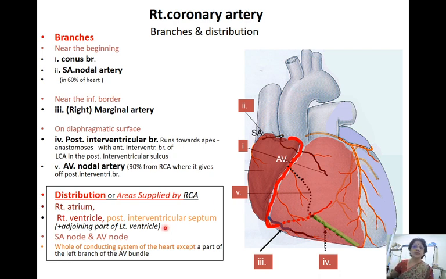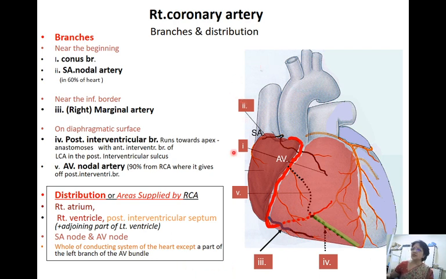So it is an important artery, because the neural tissue, the cardioneural nerve center, the signal center for coordinated contraction, is almost entirely supplied by it. Any compromise can give rise to diseases called arrhythmia. We will look at it.